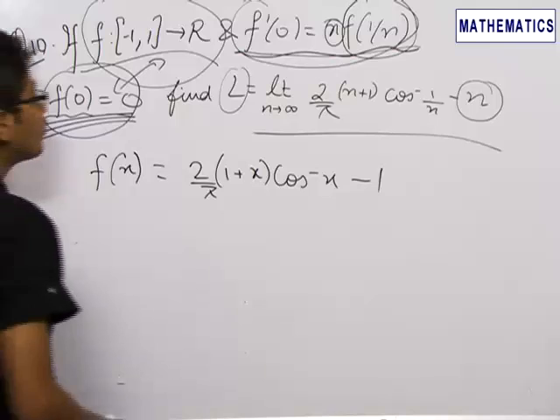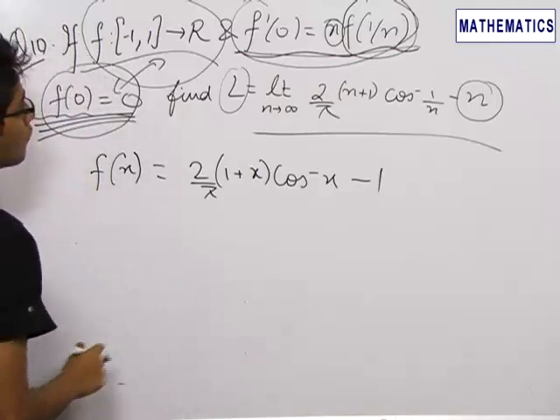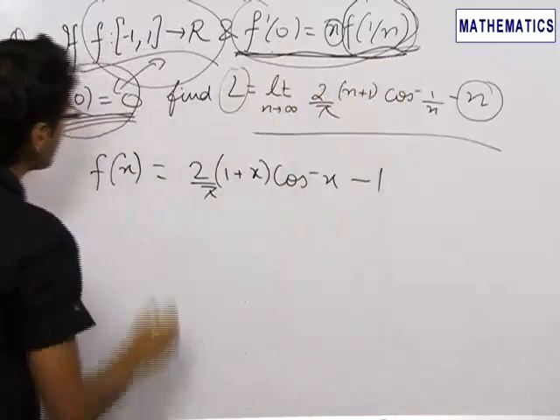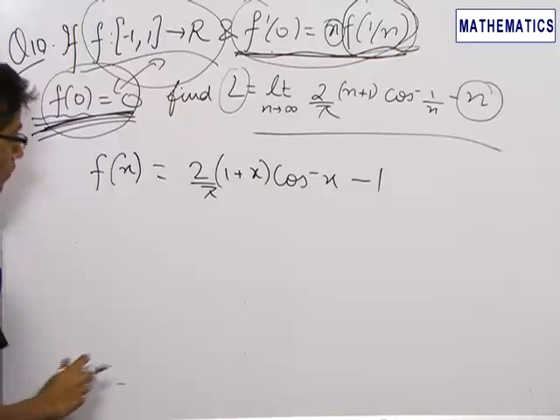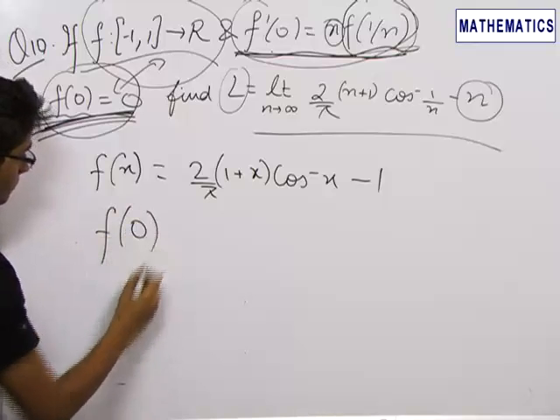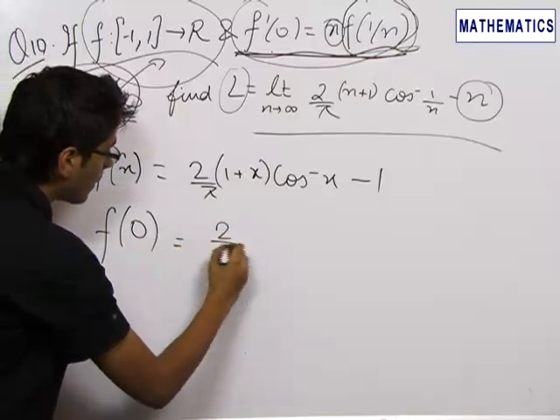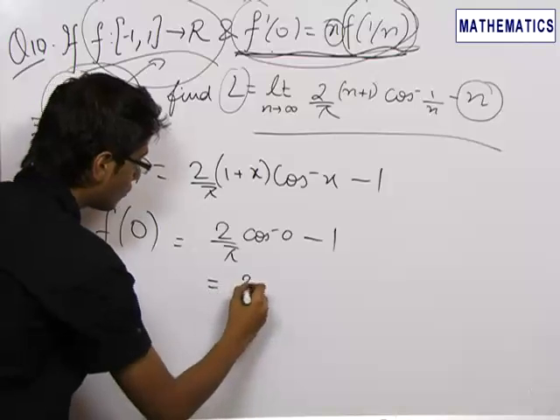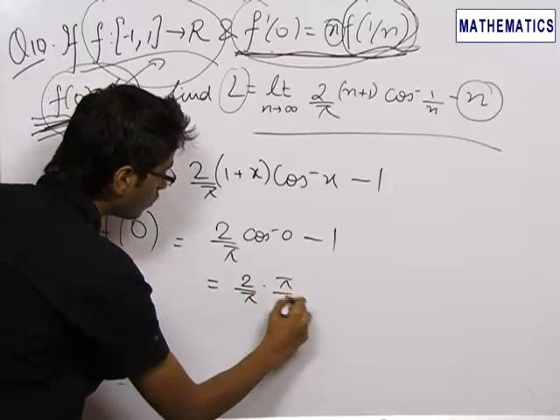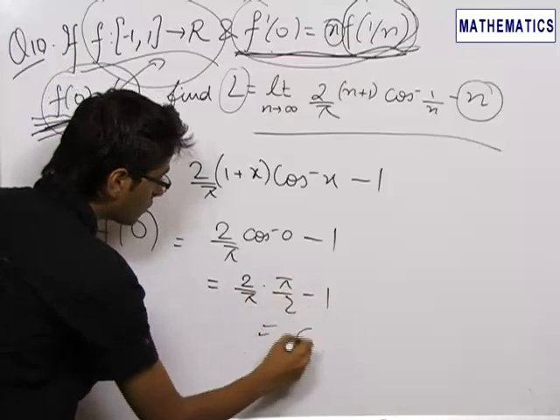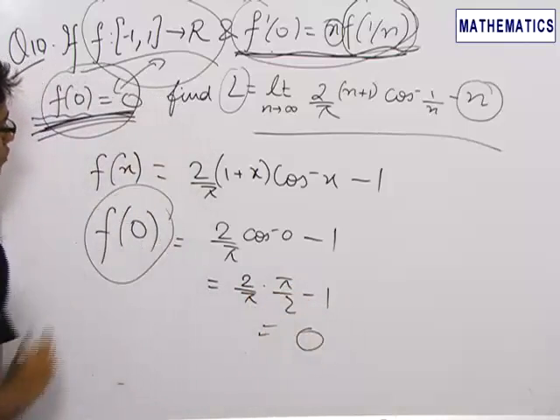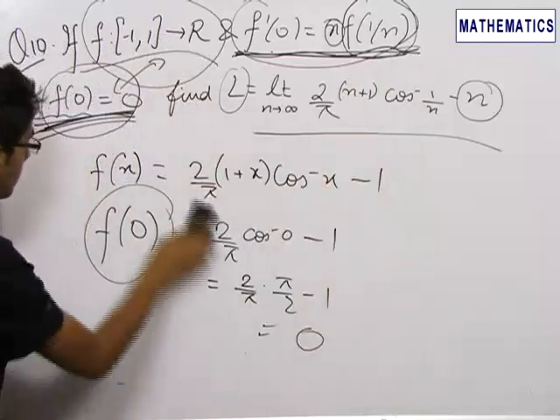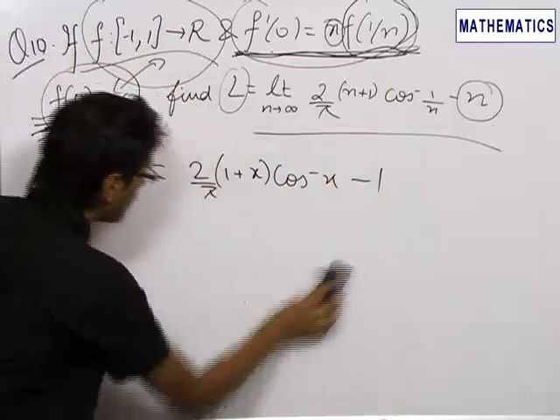If not, we need to find another function f(x) such that the relation n f(1/n) = f'(0) holds and f(0) is also equal to 0. We try to find f(0). This is equal to (2/π) cos⁻¹(0) − 1, which is equal to (2/π)(π/2) − 1, which is equal to 1 − 1, which is equal to 0. So we have got f(0) equal to 0, and the other relation is also getting satisfied. So we can very confidently say that this is our function f(x).